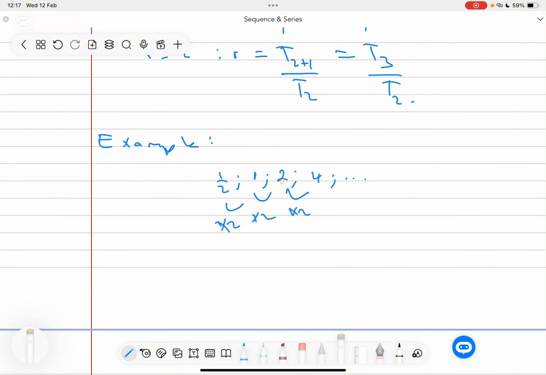You can say 2 divided by 1, you get the 2. You can say 4 divided by 2, you get the 2. That's how you get your common ratio, r, the ratio between consecutive terms of this sequence. Stay tuned for the practice questions on this sequence.